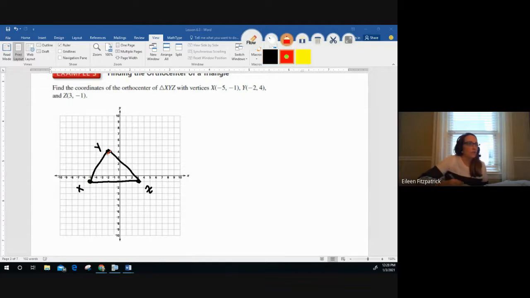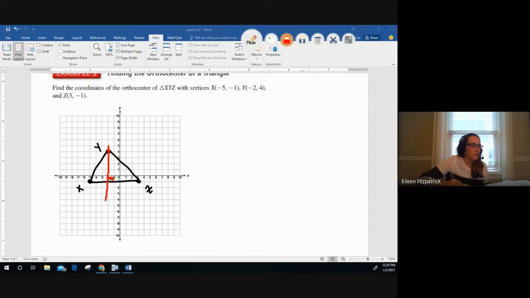Remember, the altitudes go from a vertex perpendicular to the opposite side. Luckily, the first altitude I'm going to draw goes from Y perpendicular to the opposite side. Since XZ is a horizontal line, the line that's perpendicular is a vertical line. So that altitude is easy to draw.